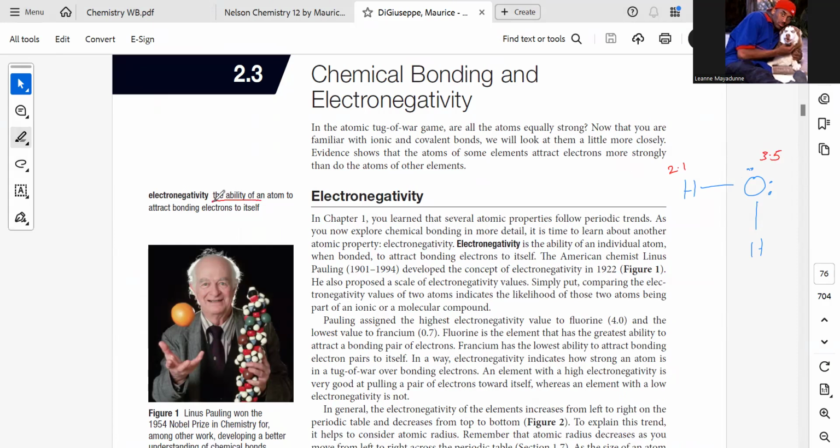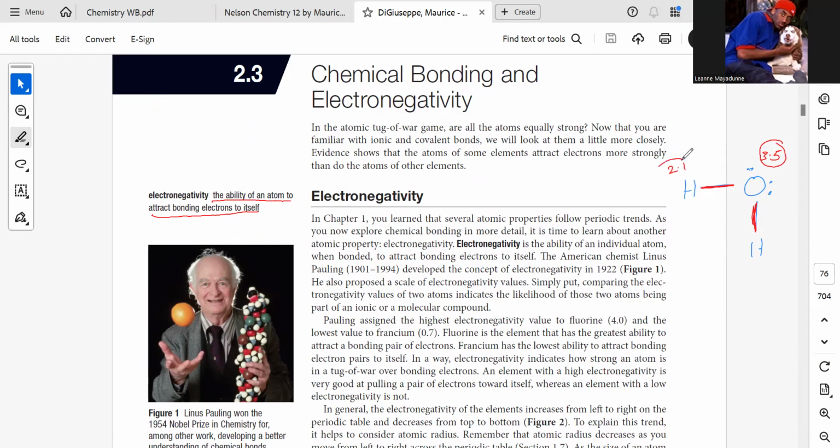Electronegativity is the ability of the atom to attract bonding electrons to itself. This is a bond and the electrons involved are the bonding electrons.